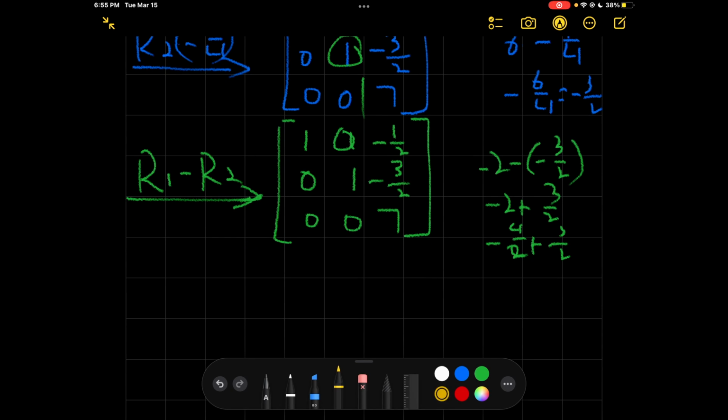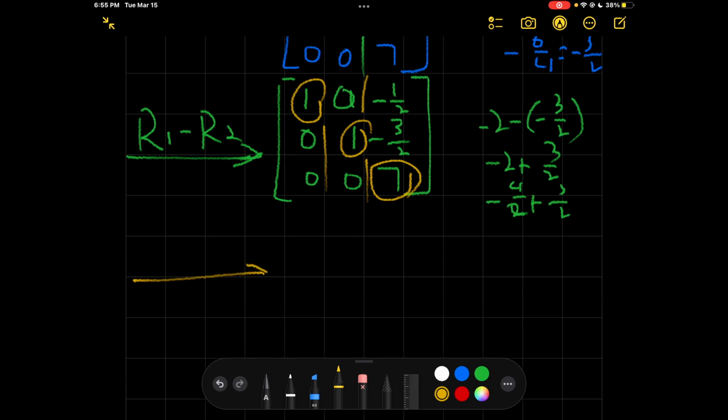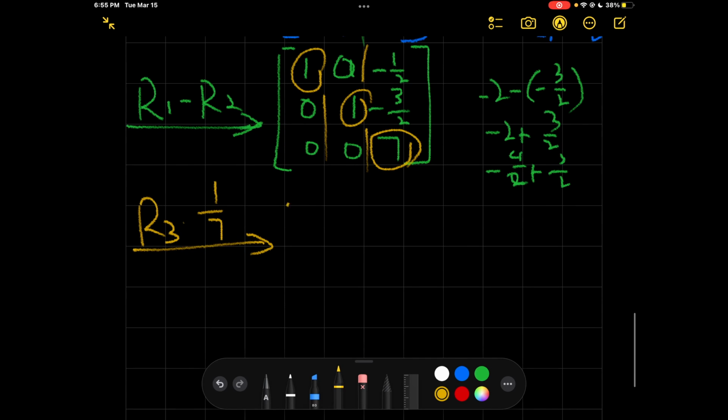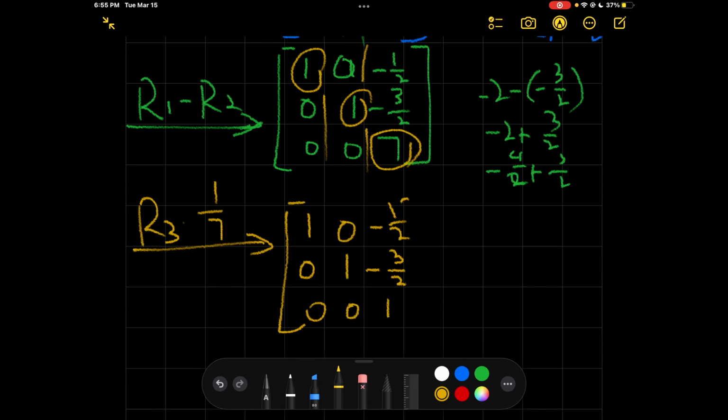Okay, now we find this one and knock out, and this one and knock out. We have this one to be a leading 1. So we have row 3 times 1/7. 1, 0, negative half, 0, 1, negative 3 half, 0, 0, 1.